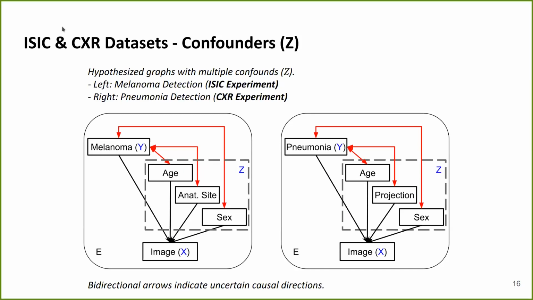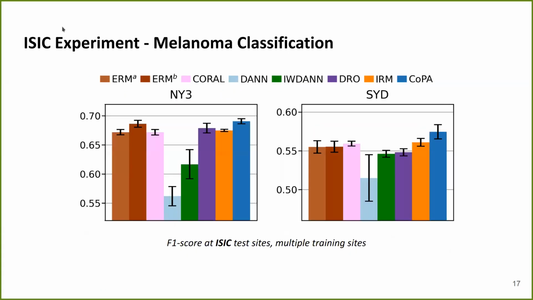For the 2 experiments with real data, there are multiple confounders Z. Most confounder variables are discrete, with the exception of age. Since some causal relationships between Y and Z are unclear, they are left unspecified, and CoPA is not affected by this.